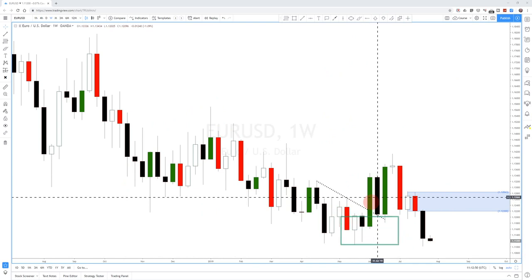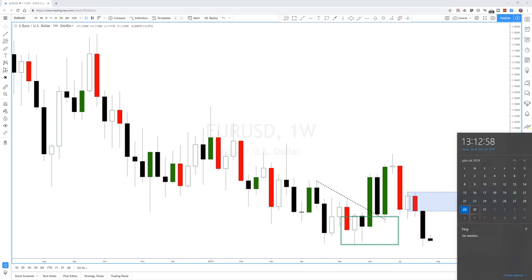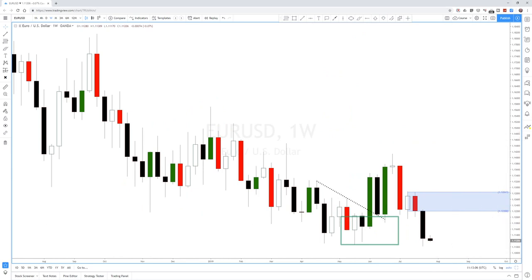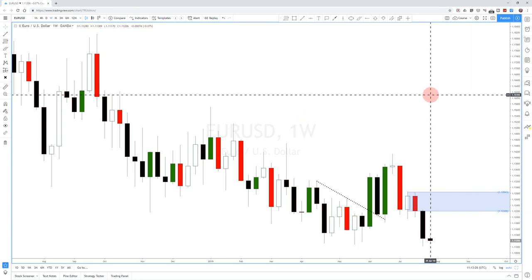But if before the next Friday, today is the 29th July, still 4 days left for the weekly candle to close, and this applies to every single time frame. This is the weekly candle, the same applies for the monthly, 3 months, and all that. So if before the week closes we have price retracing all the way up there, it is not good. We cannot go short nested areas of supply there, as will be explained in further lessons.